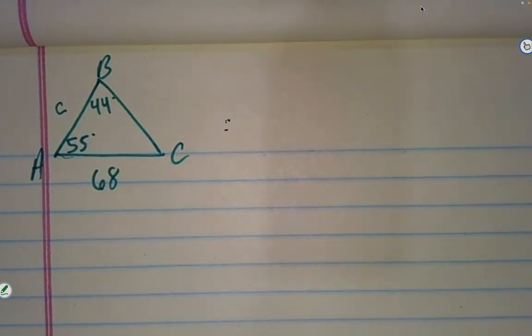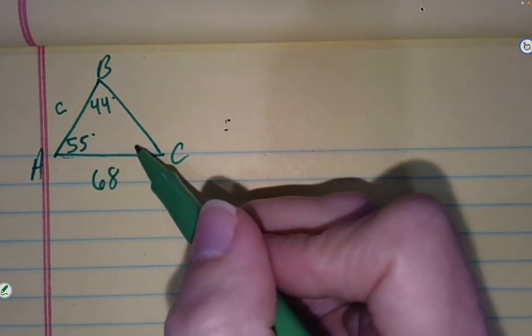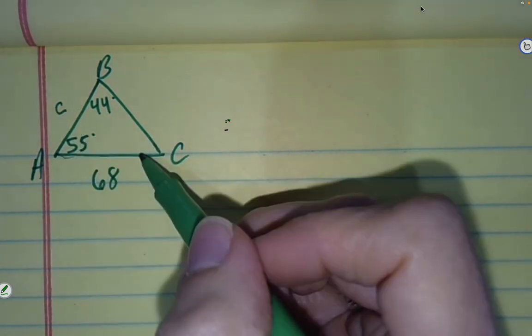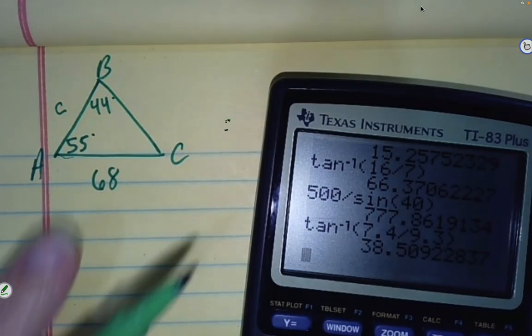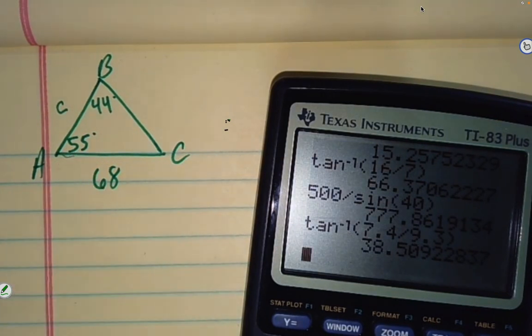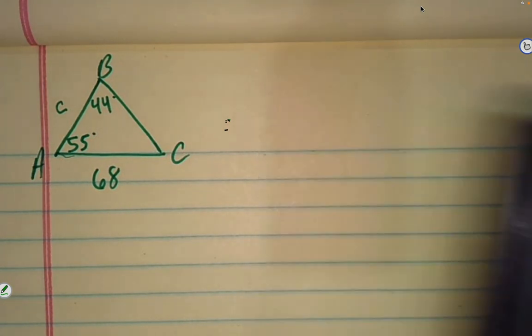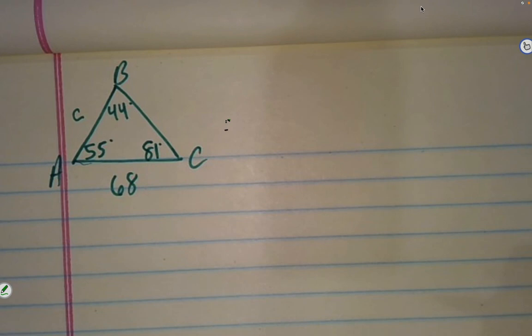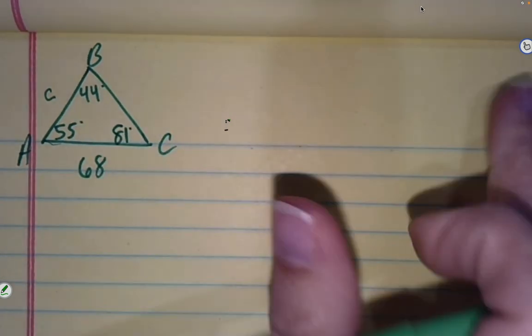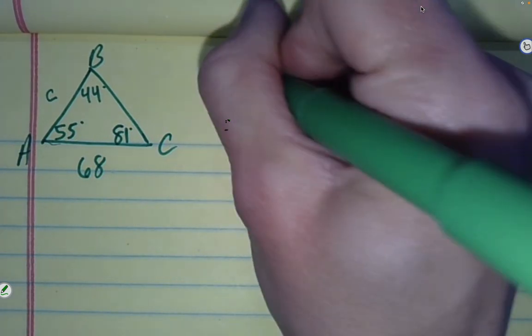So I need to find this angle that goes with it. So I would just take 180 minus these two. So 180 minus 55 minus 44, and that angle is 81. So now I know all my angles. Then I would look at the board and see what is my law of sines formula. So it's the sine of my angle.